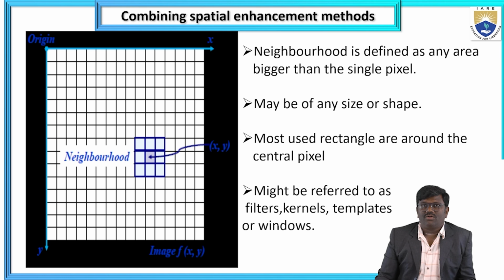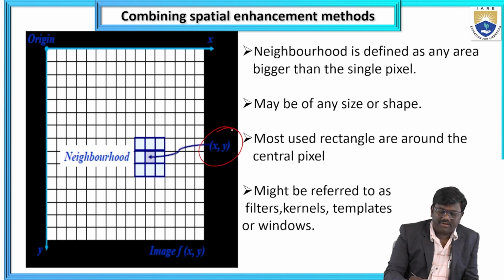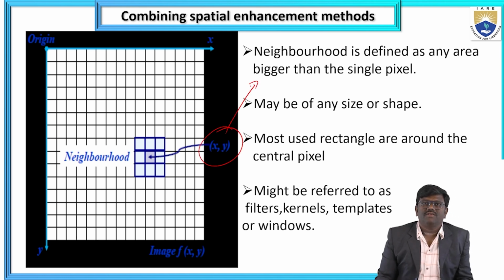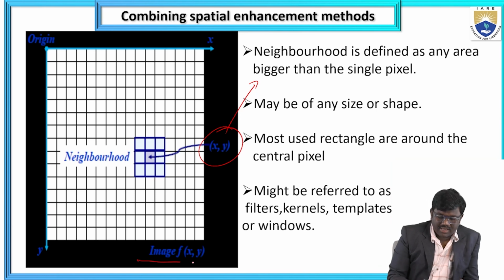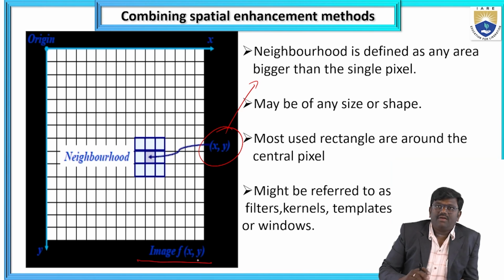A neighborhood of the process is defined as any area bigger than a single pixel, of any size or shape. Most often a rectangle around the central pixel is used, referred to as filters, kernels, and templates, which we use for image enhancement. Here we also use the window method.